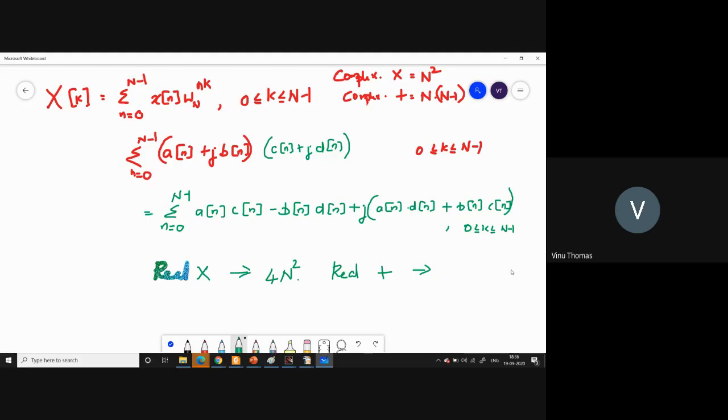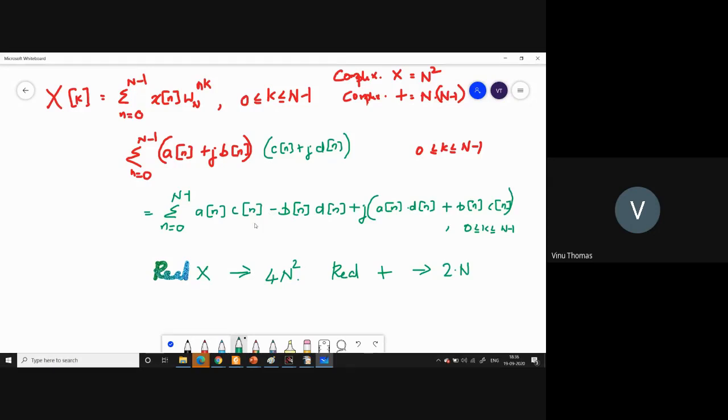So you have 2 additions just to compute A0 into C0 minus B0 into D0 plus j into A0 into D0 plus B0 into C0. To compute A0 into C0 minus B0 into D0, you have one addition.